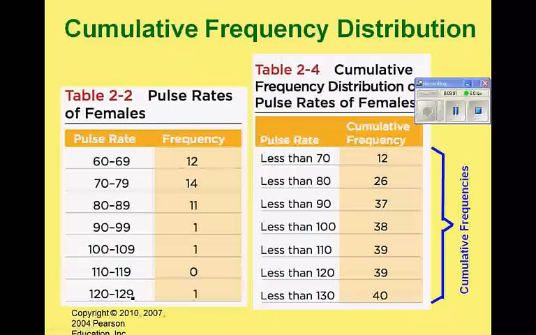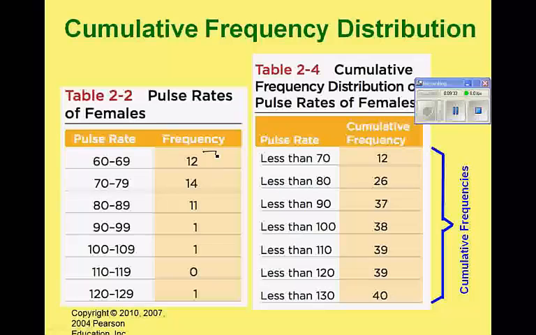Now, cumulative frequency is different. In a cumulative frequency distribution, what you do is you count everything less than a certain class limit. So notice, from 60 to 69 we had 12. Well, over in the cumulative frequency distribution, we'll say, let's talk about the pulse rates of females that are less than 70, and that would be 12. Next, we're going to talk about the pulse rates that are less than 80.